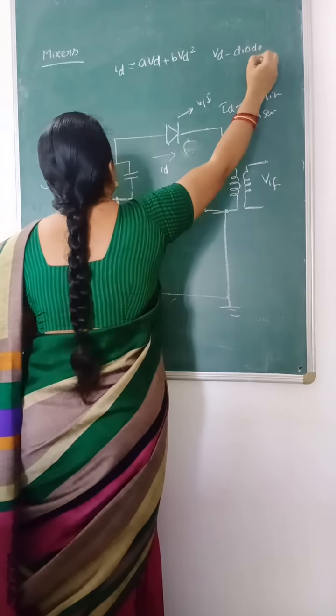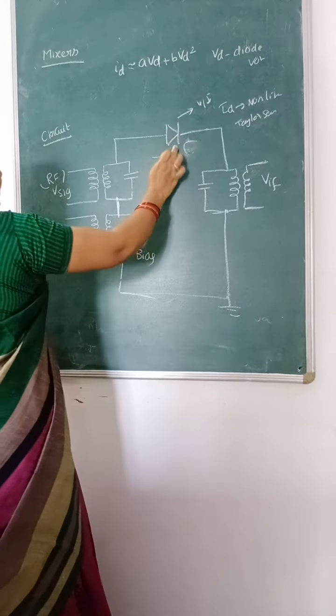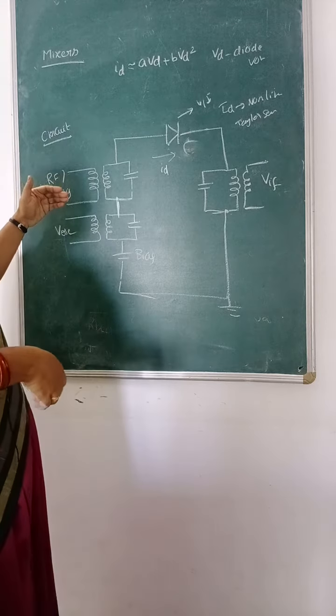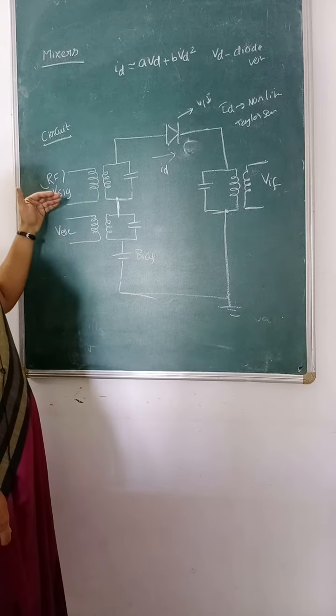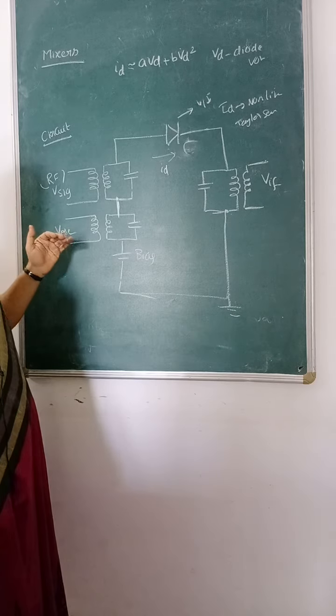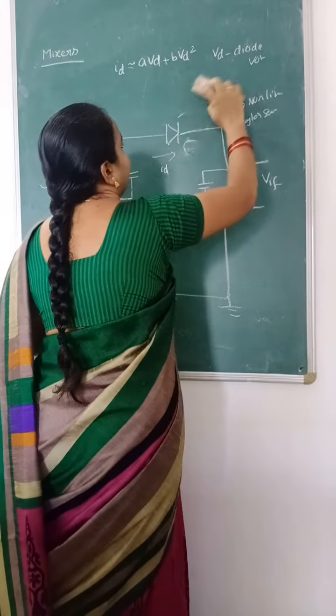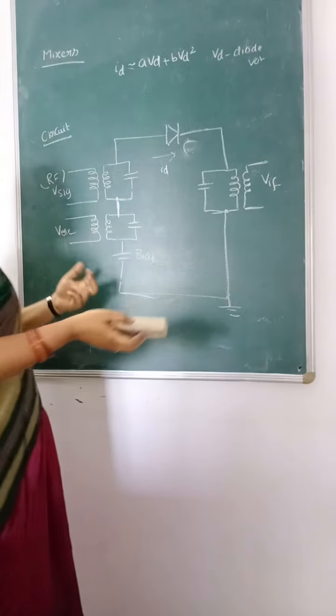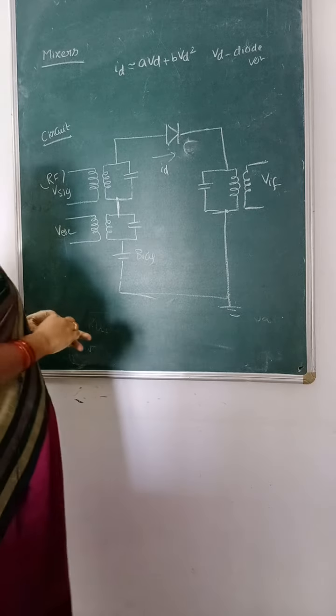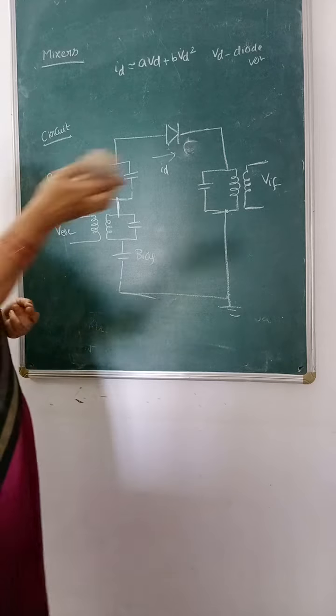So what is this diode voltage? This diode voltage is the sum of voltages of the input signal, the oscillatory signal and the bias voltage, plus C VD cube and so on. These higher terms will be neglected.